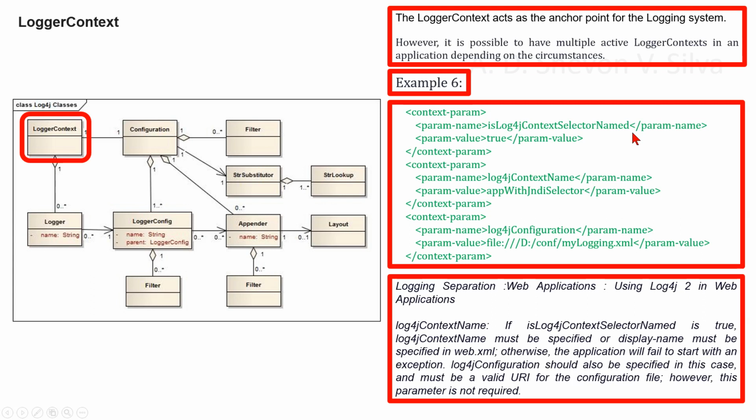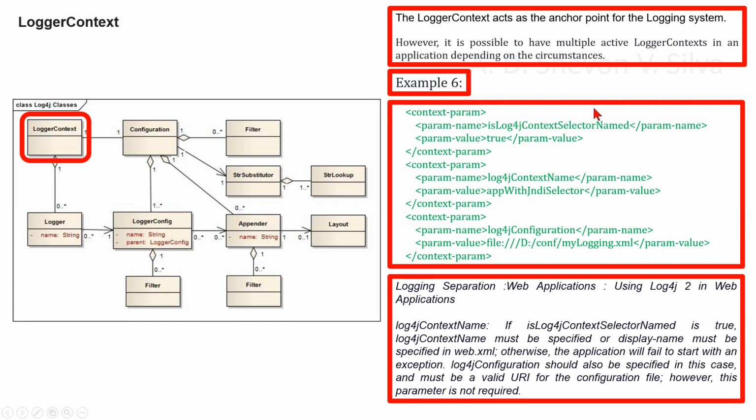Without this parameter, Log4j will use the standard mechanisms for locating the configuration file. When specifying these context parameters, you must specify them in the deployment descriptor web.xml, even in a Servlet 3.0 or newer application. If you add them to the servlet context within a listener, Log4j will initialize before the context parameters are available, and they will have no effect.